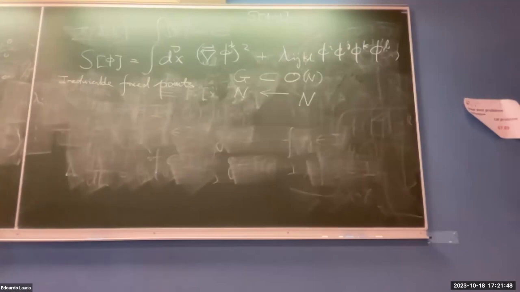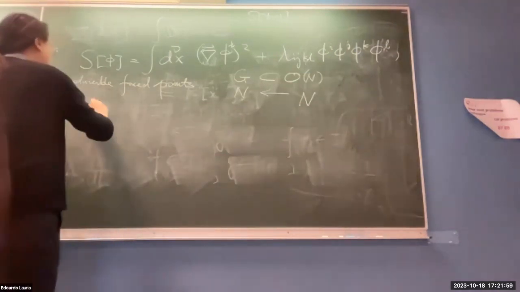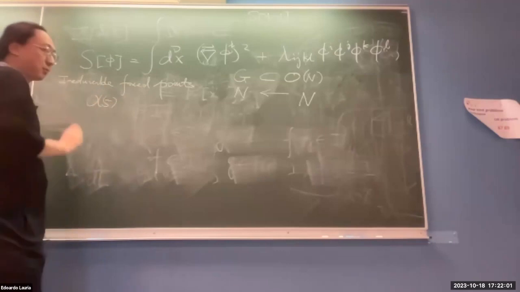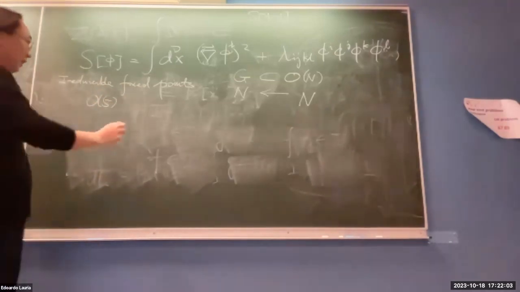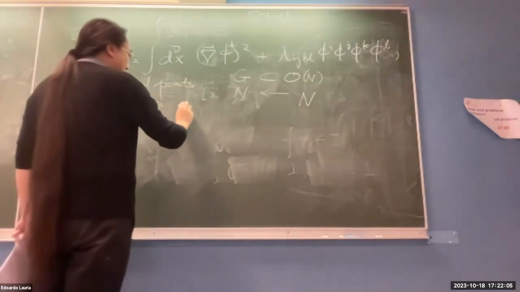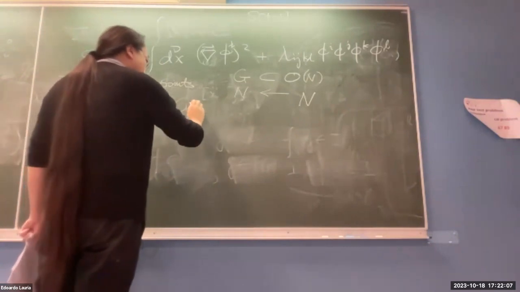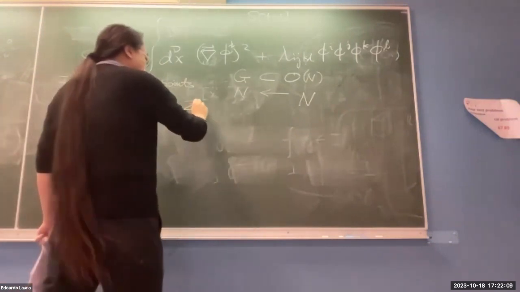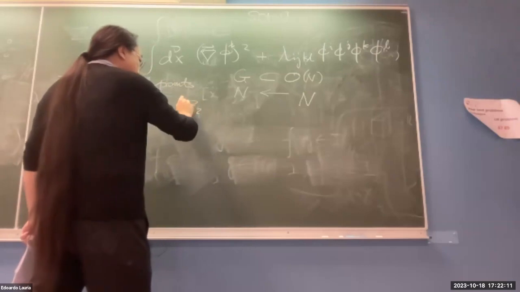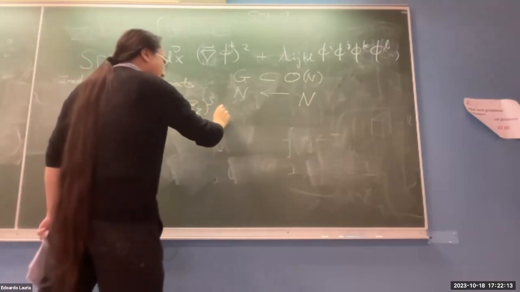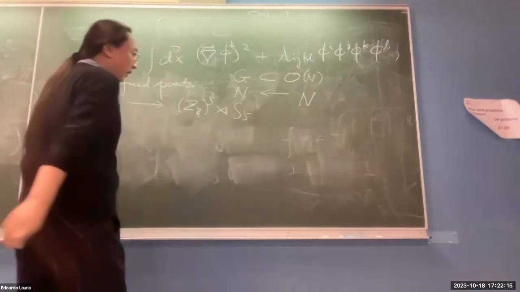The reason for this is also physically motivated. Can you give me an example? Okay. For example, we start from O5, 5 scalars, and one group is the cubic one, which you should really write as Z2 wreath product S5.